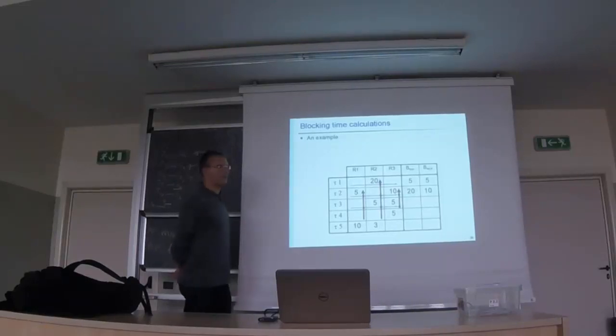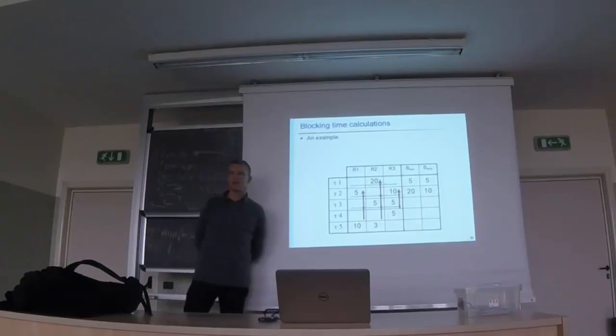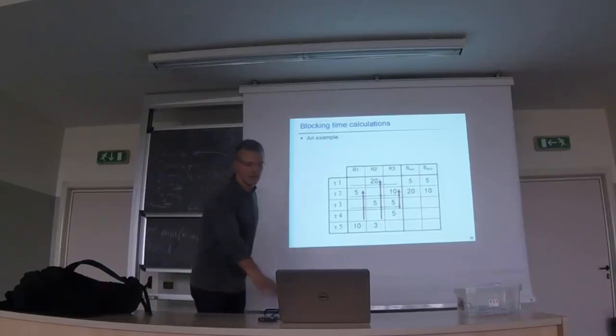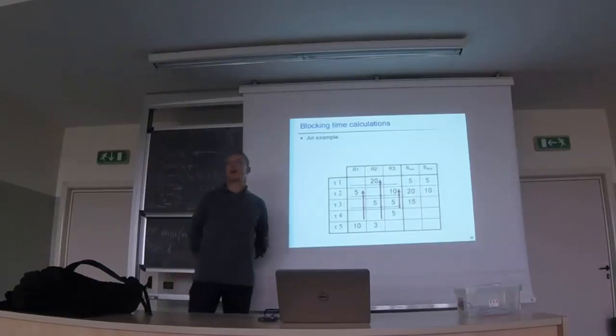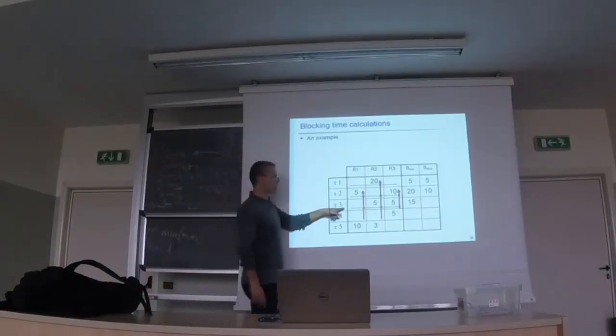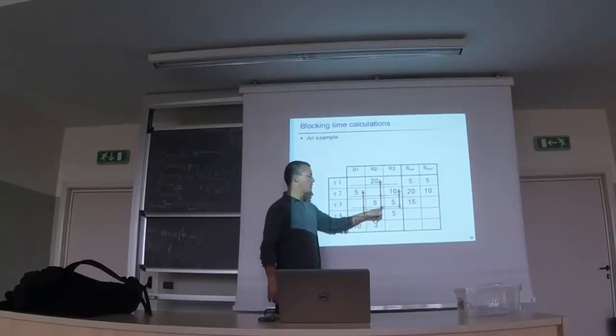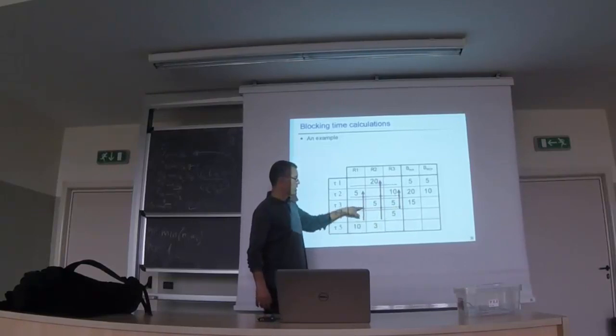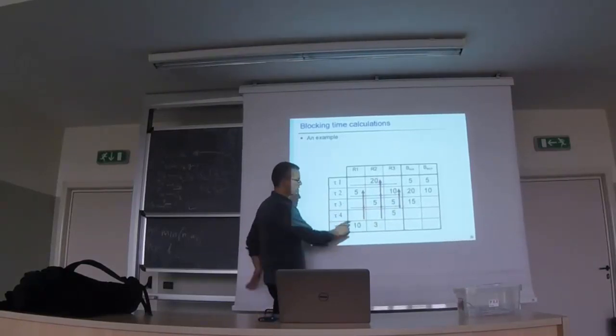Someone says 15. Someone else says something different. No? 15 is correct. Why is that? So tau 3 can be blocked by direct blocking and push-through blocking, okay? So what is the worst case?